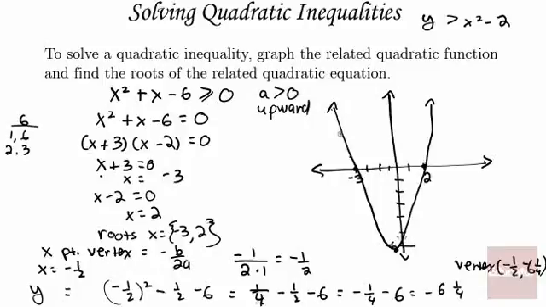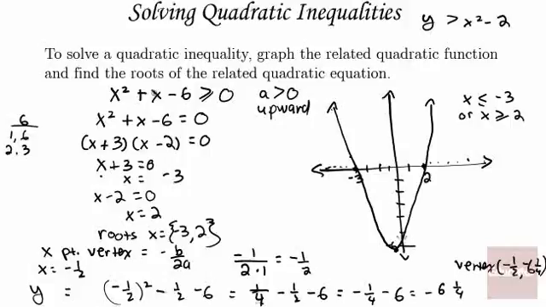Beyond this point, for x values over here and for x values over here, y is positive, y is greater than 0. So I can actually just look at this graph and say, when x is less than or equal to negative 3, or when x is greater than or equal to 2, this inequality is satisfied.